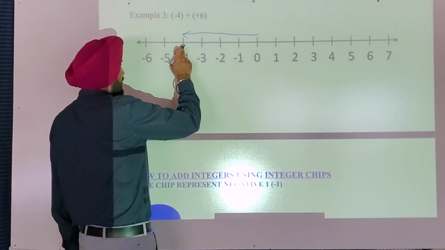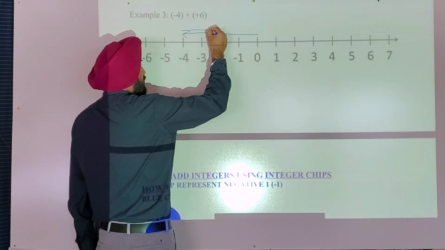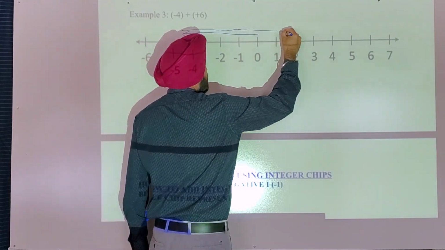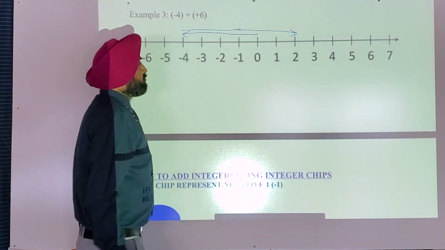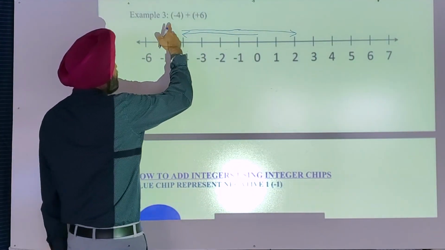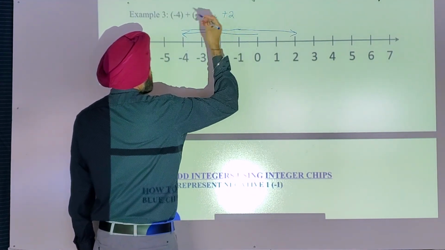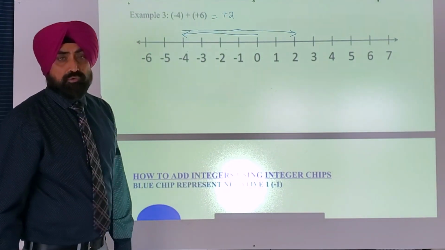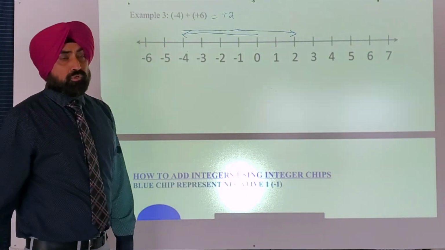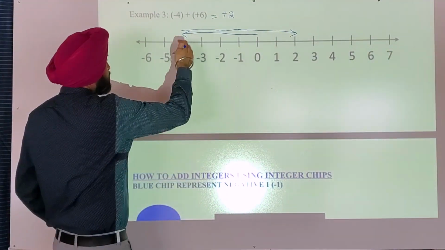So beginning from negative 4, count 6 units. 1, 2, 3, 4, 5, 6. So it will end up at positive 2. So what's the answer? Negative 4 plus positive 6 is positive 2. Using the rule of how to add integers, one negative, one positive, we subtract. So 6 take away 4 is 2. 6 is bigger, so it will be positive.